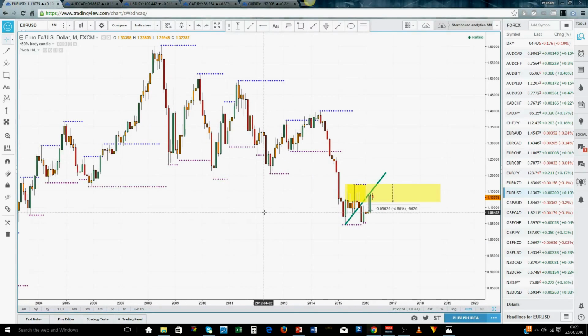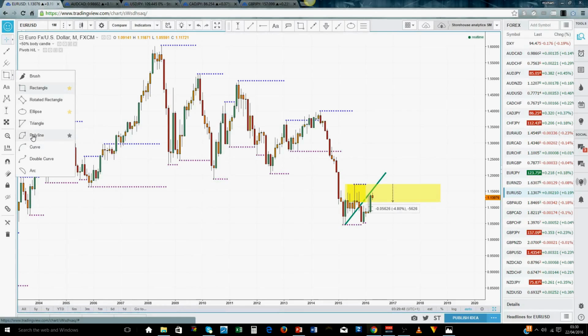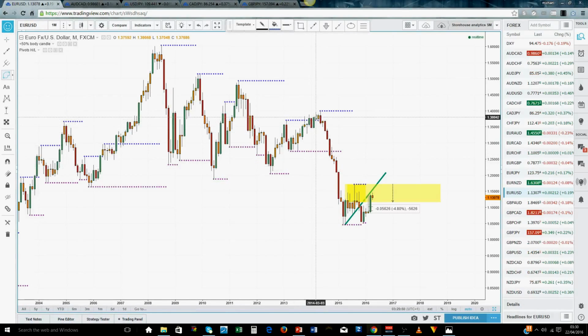So here we're looking, as always, at the monthly chart. To start with, I've drawn my trend line. Just for those who might be wondering, why is the trend line drawn like that? Let's go through our usual exercise of using the polyline. So here we start, from the top, we have a drop, we have a consolidation, we have a bigger drop, another consolidation, a bigger drop, another consolidation, and another drop.